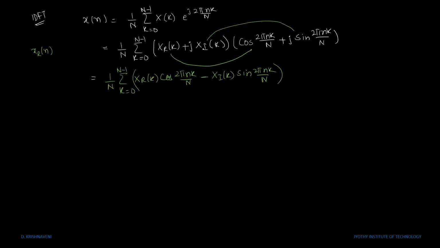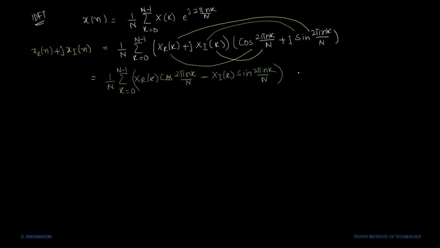And then you multiply xr of k with j sin and xi of k with cos, you will get the imaginary term, that is xi of n.